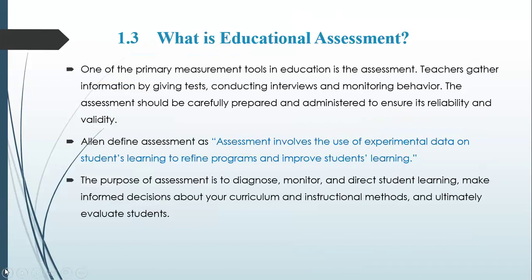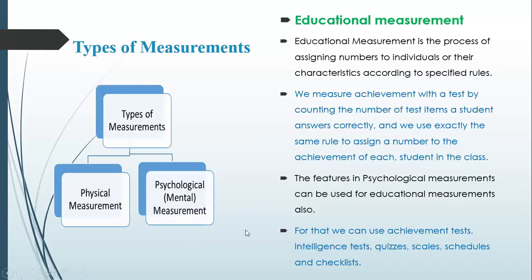Before going to the next part, that is assessment, let's discuss some ideas on measurements. If I ask you like this, how can you classify the student's ID number in nominal, ordinal, interval, or ratio scales?